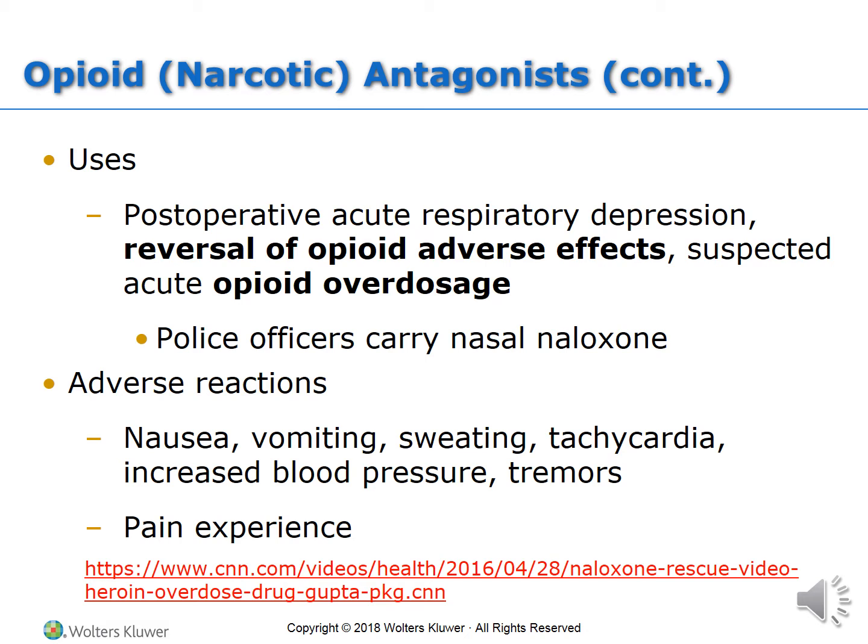Adverse reactions of opioid antagonists are nausea, vomiting, sweating, tachycardia, increased blood pressure, and tremor. If you think about opioids being that super CNS depressant, the antagonists kind of have the opposite effect, with increased heart rate, blood pressure, and possible shaking and tremors.